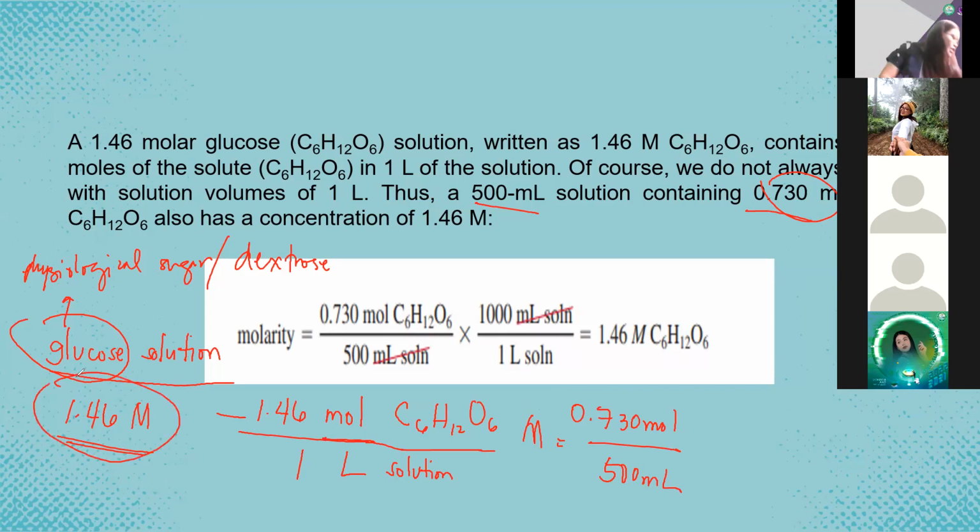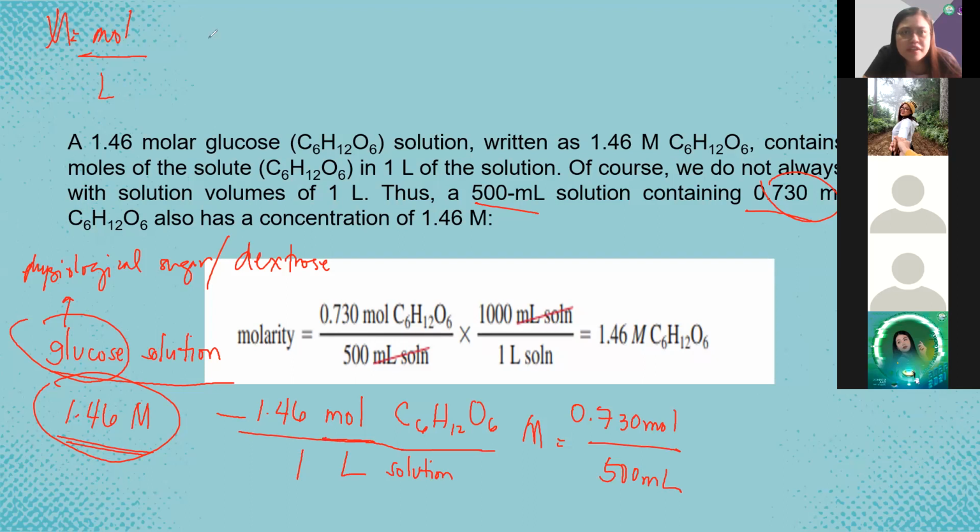Okay? So let us please get your calculators, because we will have a lot of computation this morning. You have 0.730 mole divided by 500. Sorry, that should not be automatically divided by 500, because remember, molarity is moles over liter. So before we divide, let us first convert.